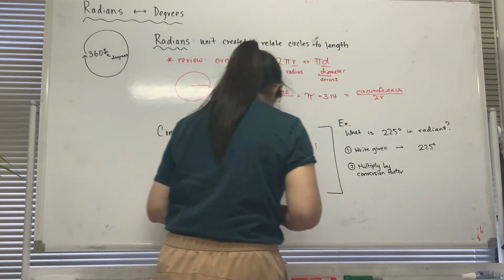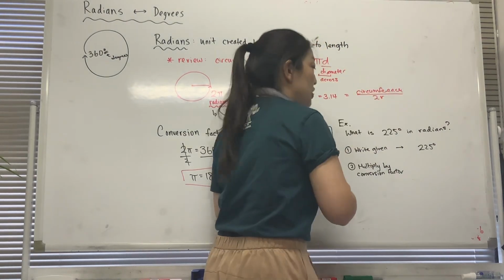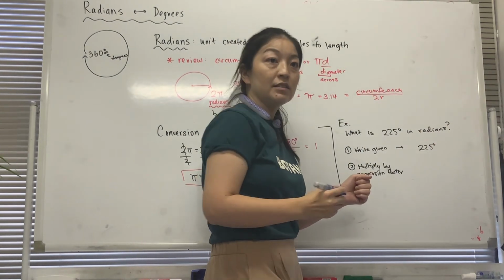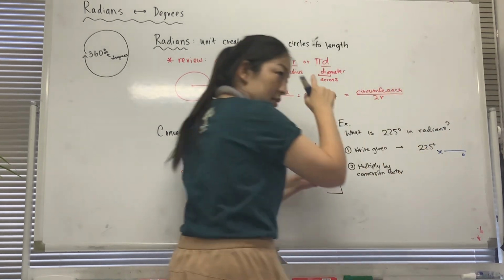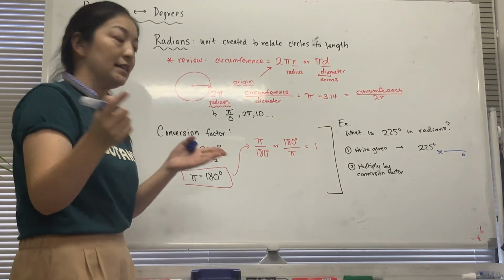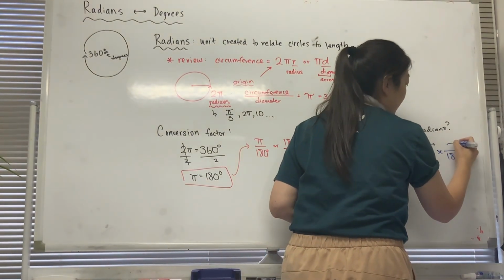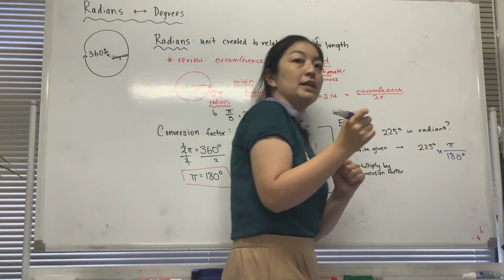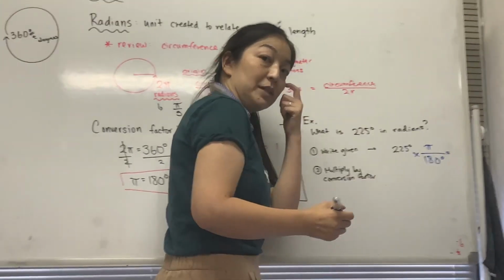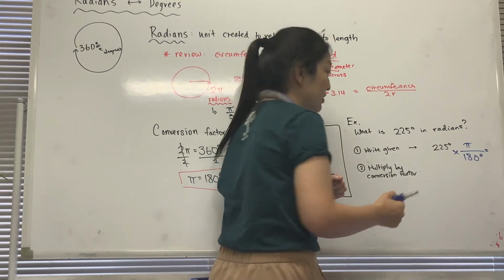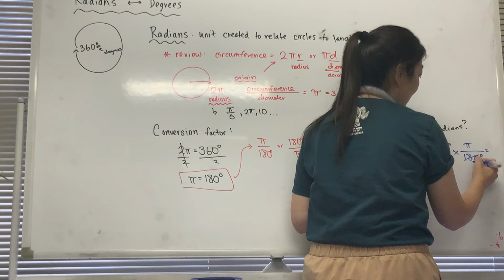Here's where it gets tricky. This is good for physics and chemistry, so this is an important concept. You want to get rid of the degrees, yes? So you align it so that degrees are on the bottom, because tops and bottoms of fractions cancel. So it's going to be 180 down here, and then pi on top, because 1 pi is the same as 180. Then you multiply. You do not use a calculator, because your calculator will give you this crazy long answer. So you're going to cancel these out. This is fractions review.